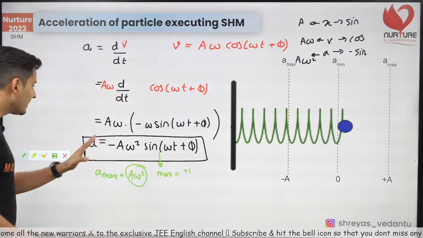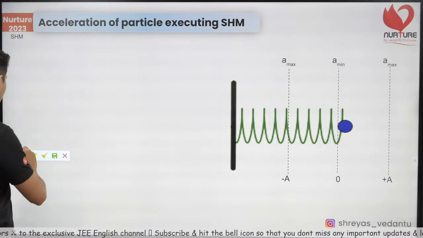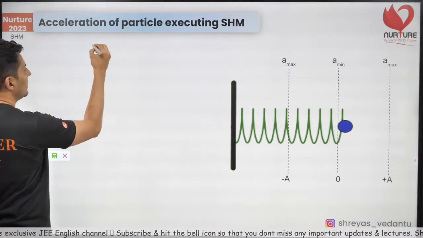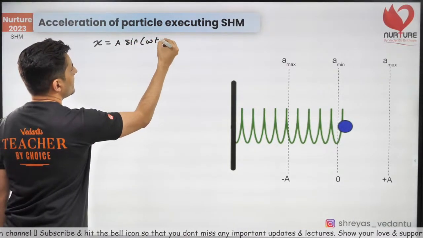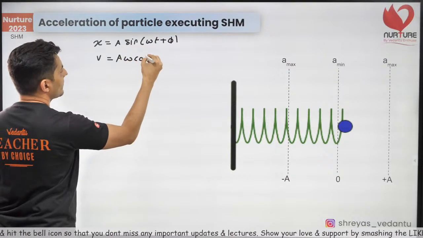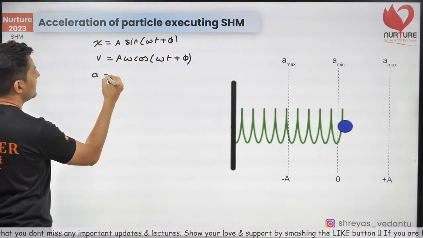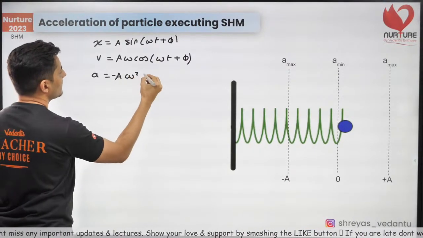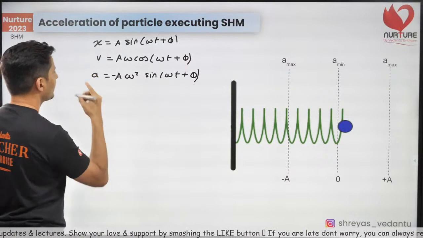Now after I know this, I can play around with this. I'll tell you how. Since x is a sine omega t plus phi, I got velocity is a omega cos omega t plus phi. We got acceleration is minus a omega square sine omega t plus phi.